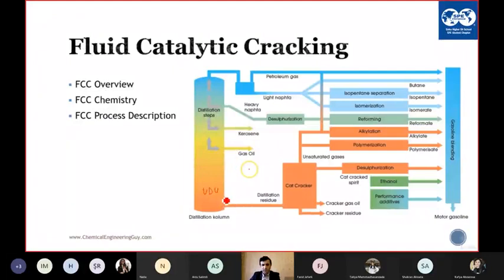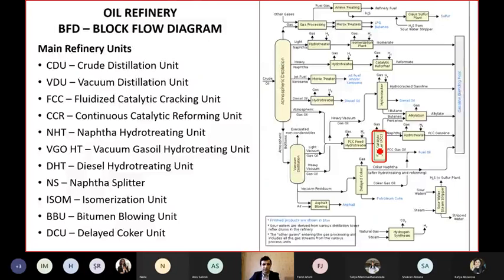And what we said is that the VGO, light vacuum gas oil LVGO and heavy vacuum gas oil HVGO mixed, is sent to first hydrotreating, which I will talk about later, and then the catalytic cracking, which we will call FCC, fluidized catalytic cracking. So this is FCC, as you can see where it is located in the BFD.